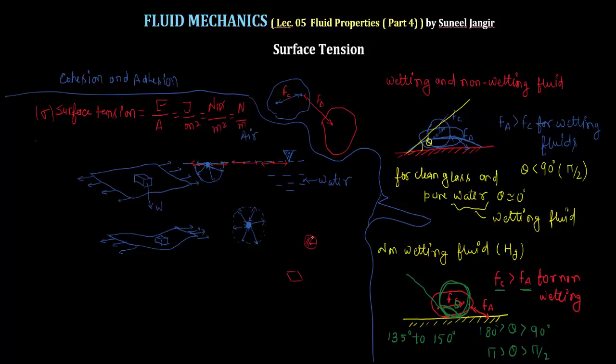Because if we say that this is spherical, the surface tension is acting over the line like that, so this will try to contract itself, so it requires more cream to spread over this large area.